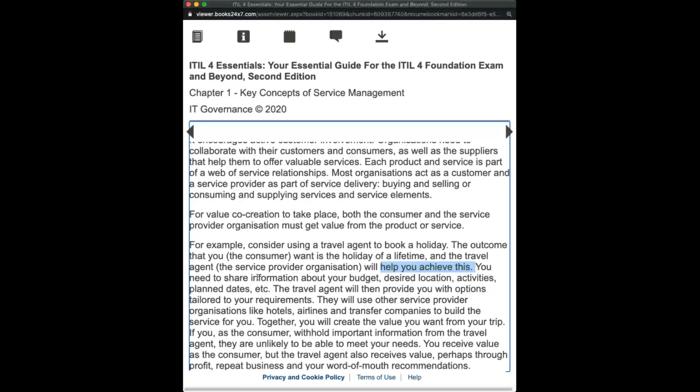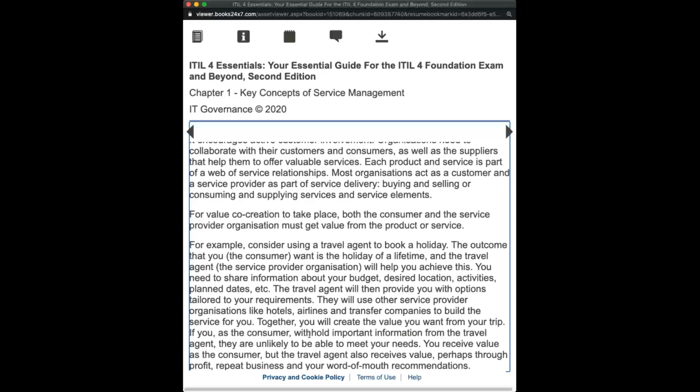So you need to share information about your budget, desired location, activities, planned dates, etc. And then the travel agent will provide you with options, given the information. They will use other service providers like hotels. So they can now in their platform bring in hotels, airlines, transfer companies to build that package or that service for you, right? And that basically creates the value that you want from your trip.